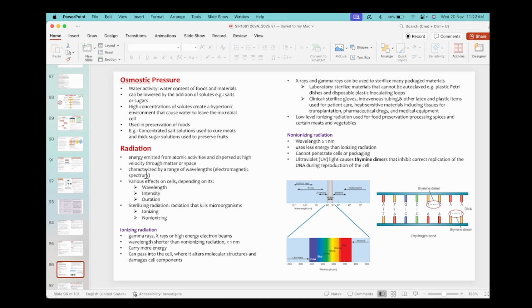So you can see that most of this irradiation is used on sterile gloves, intravenous tubing, latex and other items. So when it's not suitable to use chemicals, when it's not suitable to use heat, then you use irradiation. Okay? So different kinds of approaches.